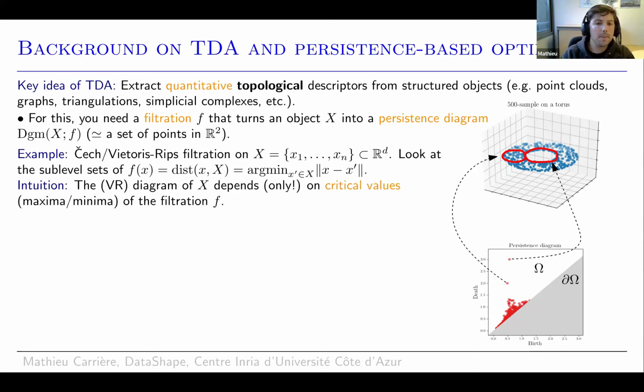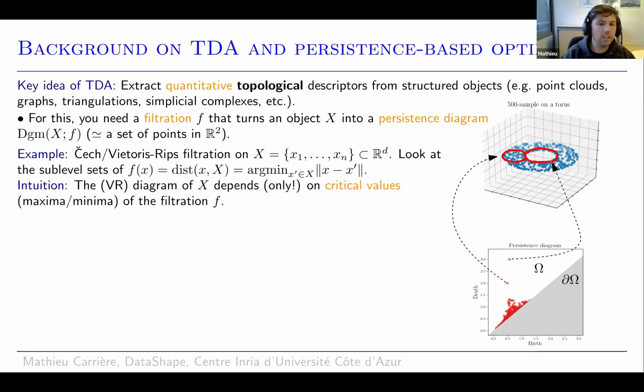Okay, so that only means that, for instance, if you're interested in the gradient of a persistence diagram with respect to the filtration, well, if you pick any point P in the persistence diagram, the gradient of P will just be the gradient of the filtration itself applied on the positive and negative simplices.